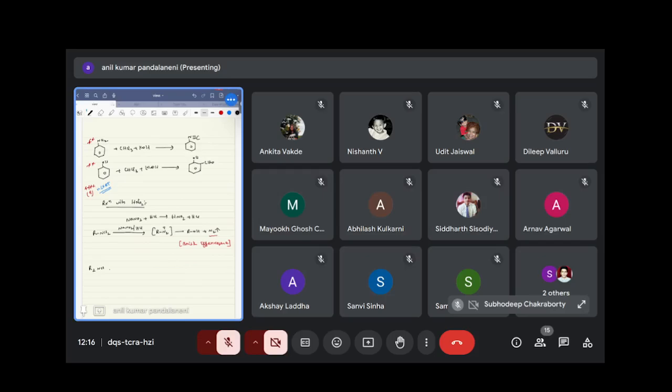R2NH in presence of NaNO2 and HCl. There is only one N–H hydrogen, right? Therefore, I will get R2N–N=O.